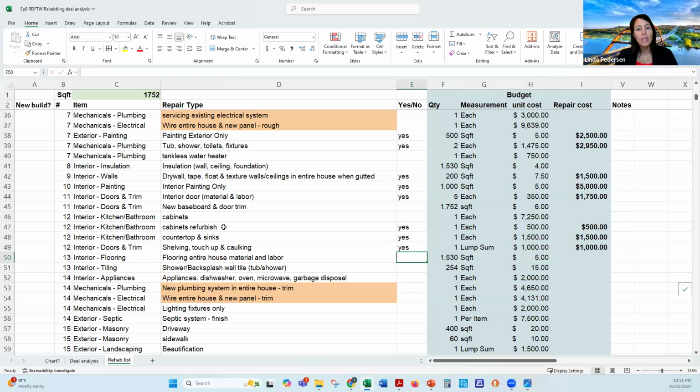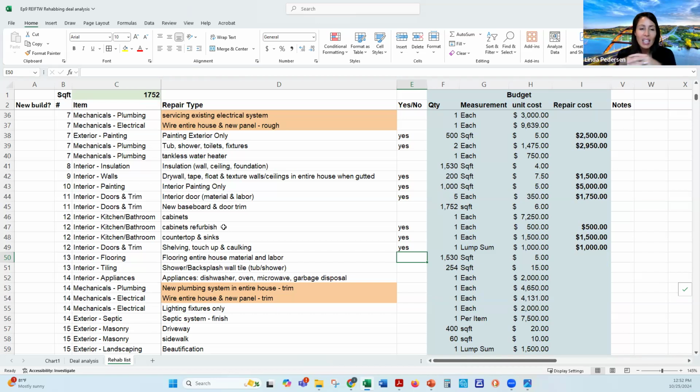So here's the piece that I would also say: remember where you are in the process. When you're looking at a house to put it under contract, you're not designing flooring specifically, like wanting this kind of flooring here and that kind there, and then measuring each piece.